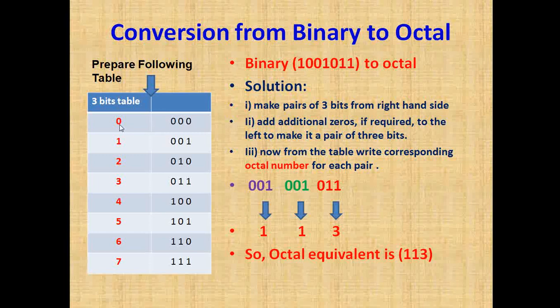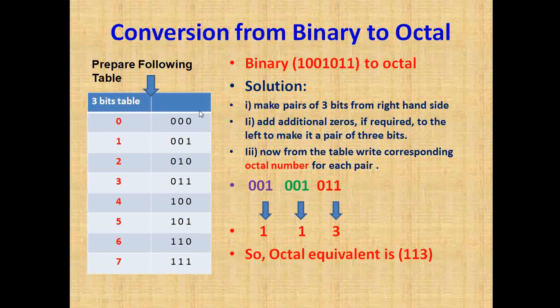So for 0 we write 000, and likewise for 1 we write 001. So how to get these values? I am giving you a simple formula to generate these numbers.